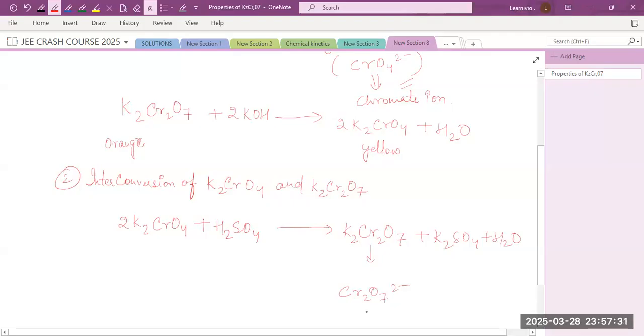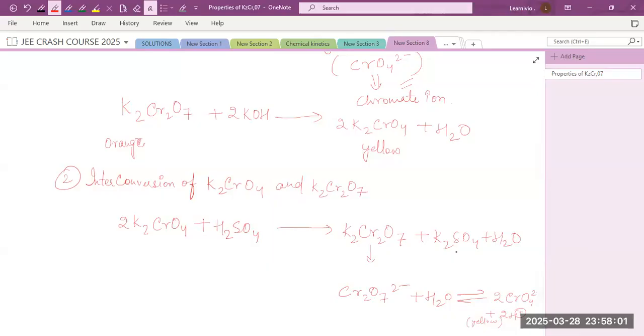And this is invariably in equilibrium with yellow CrO4 2 minus, the chromate ion, which is a yellow color solution. That's why it is in equilibrium. So it interconverts into the dichromate one.